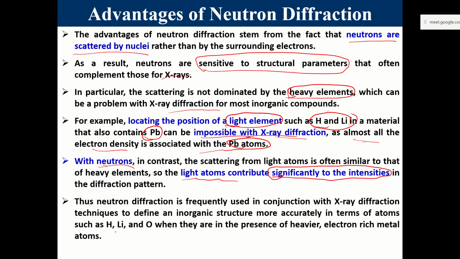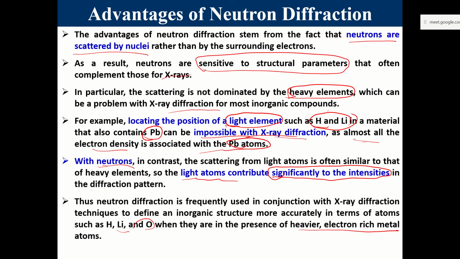And similar is the case with lithium or oxygen. Even in oxides, oxygen versus a heavy element, a heavy metal oxide, you need to do neutron diffraction to get to the position of oxygen.